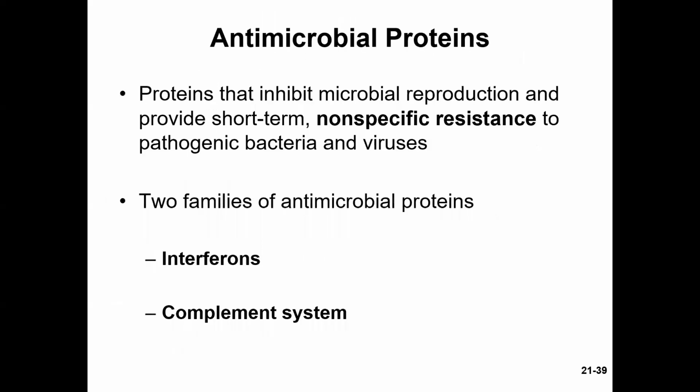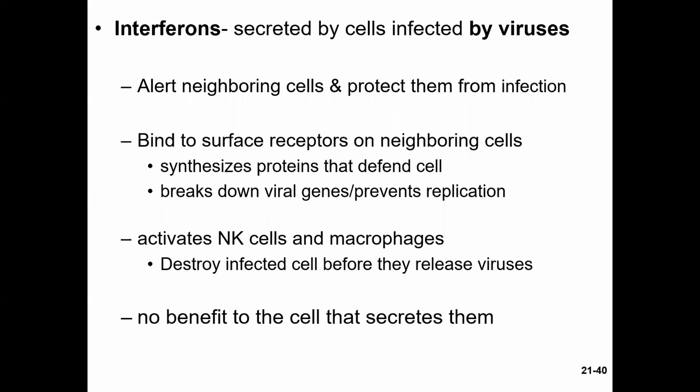Antimicrobial proteins are proteins that inhibit microbial reproduction and provide short-term, non-specific resistance to pathogenic bacteria and viruses. We have two families of antimicrobial proteins: the interferons and the complement system.